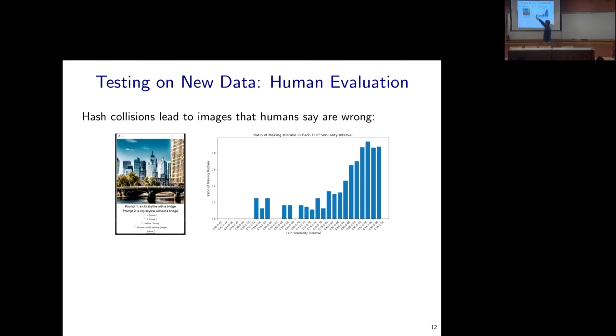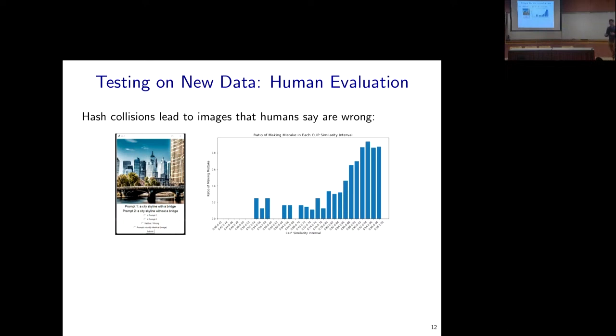Then we asked a human, in this case just one of the authors of the paper, who didn't know which model or system this came from, does this image correspond to prompt 1 or prompt 2 or neither of them? Or are these prompts actually not different, so they don't describe different images?